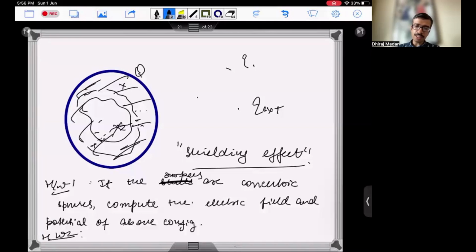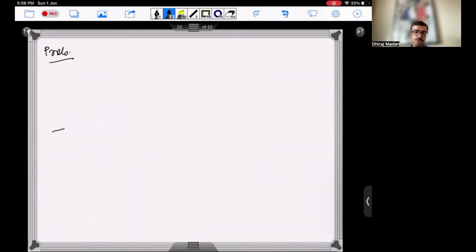The second part is, if the inner surface is not symmetrical, so what happens then? These are the two questions which I'll leave you with. Basically, if it's not symmetrical, what is the field and potential inside and outside of this cavity? That's the question. Just think about this and let's solve another problem.